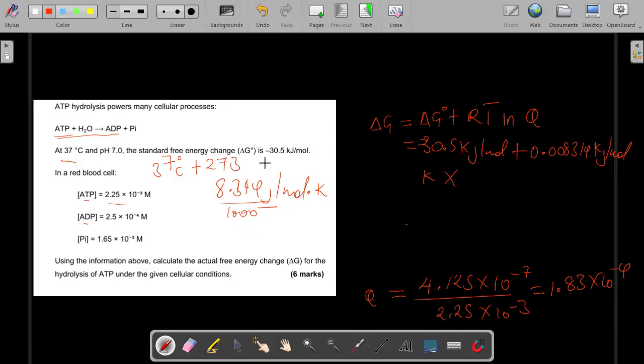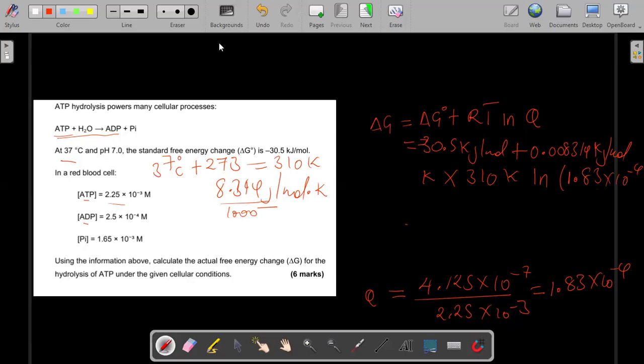When we add 273, we get our temperature in Kelvin, which is 310 Kelvin. So we can multiply there by 310 Kelvin. Then we get the natural log of Q. Now we know the value of Q, so I'm going to put that value of Q, which is 1.83 times 10 to the power negative 4, the one we found there.